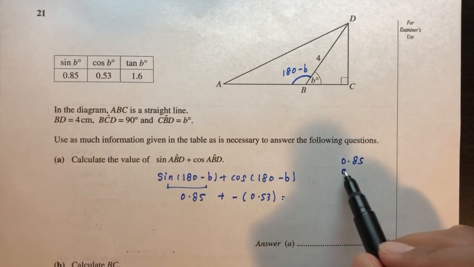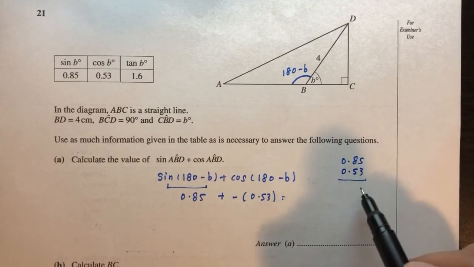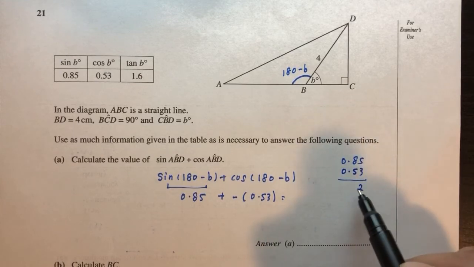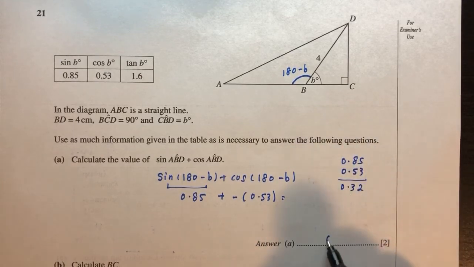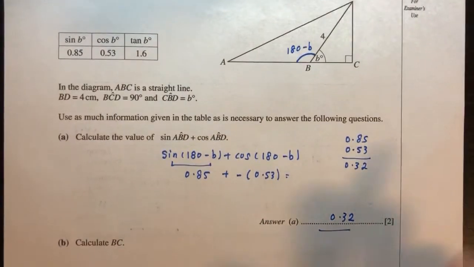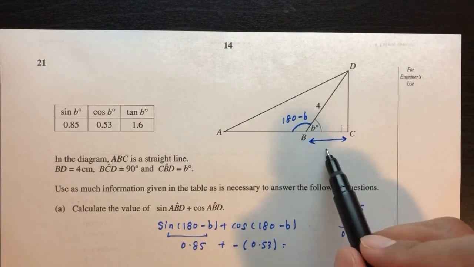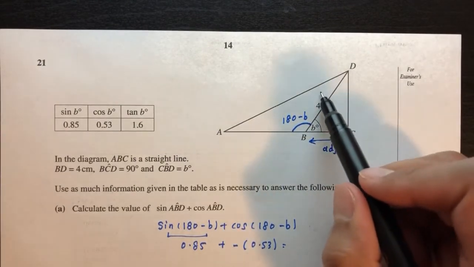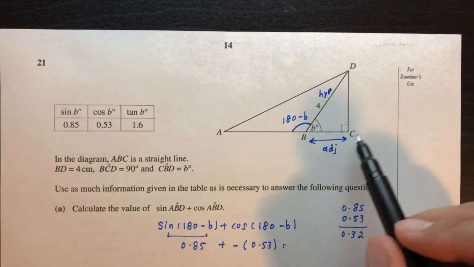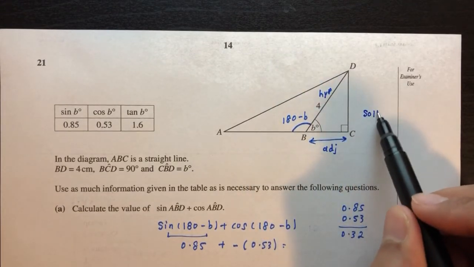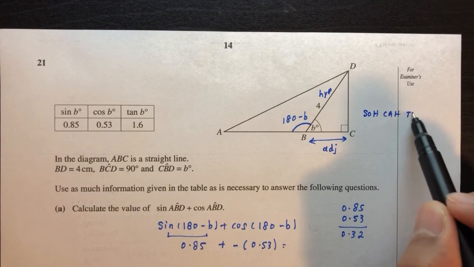That will be 0.85 minus 0.53, that will be 0.32. So the answer is 0.32 for question part A. Now for part B, find the BC. This is pretty easy. Find this length. So this is the adjacent side. This is the hypotenuse. So we have to use SOHCAHTOA.